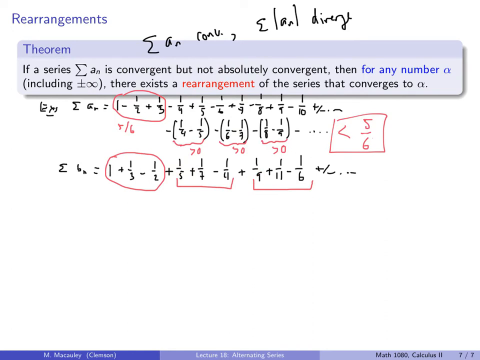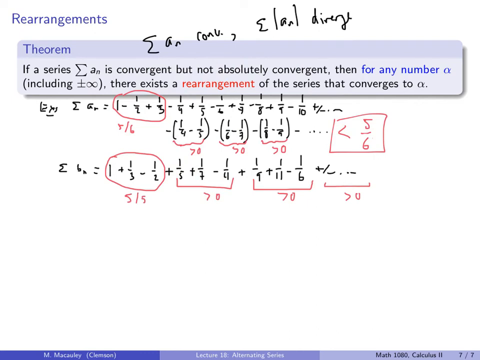And 1/9 plus 1/11 is going to be bigger than 1/6. So this here is going to be positive. This here is going to be positive, and each one of these triples is going to be positive. So now we have 5/6.